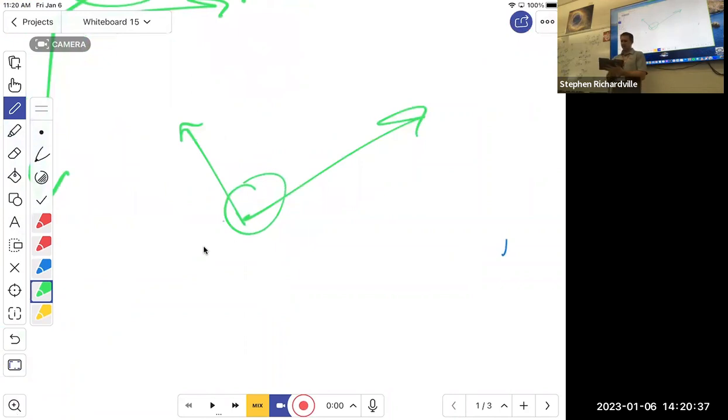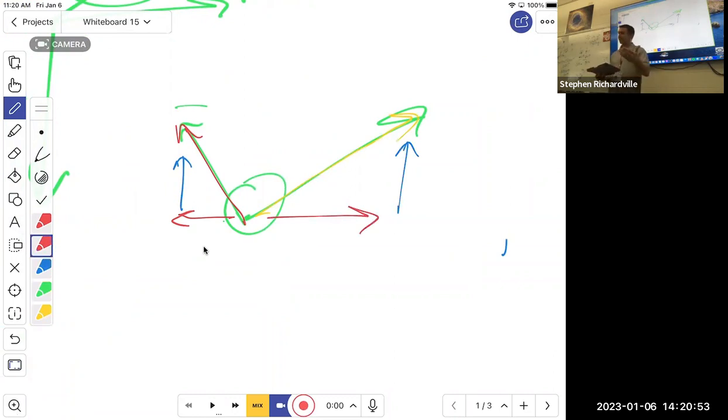I would break the red one up into horizontal and vertical. I would break the yellow one up into vertical and horizontal. In this case, I would just add the two blues, subtract the reds, and then I can do Pythagorean theorem with one horizontal, one vertical. Kind of makes sense?